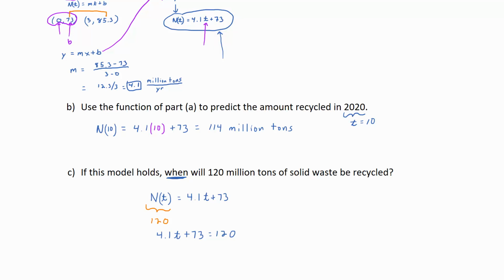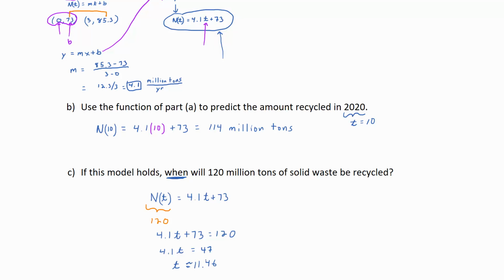Okay, so subtract 73 from both sides, get 4.1t equals 47. Divide both sides by 4.1, get t equals, if you do that on the calculator, which I'm doing real quick, 47 divided by 4.1. If you do that division, you get 11.46 approximately. This is very approximate, wavy equal sign there.